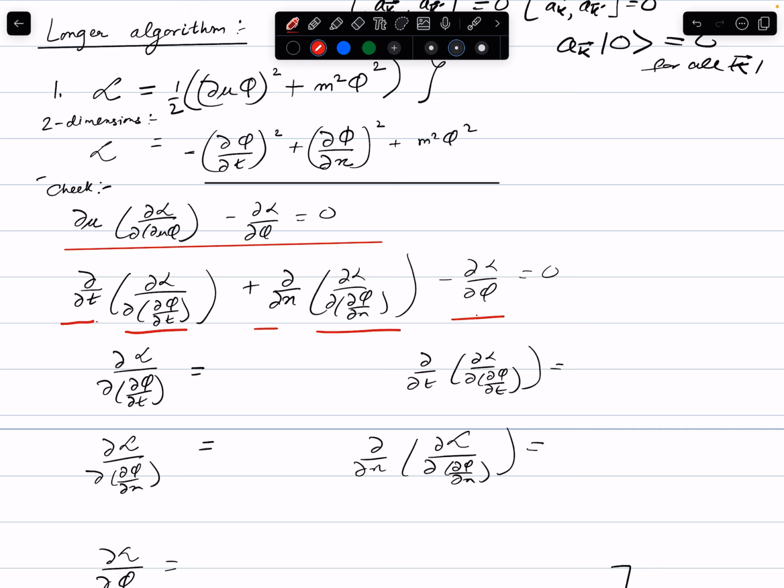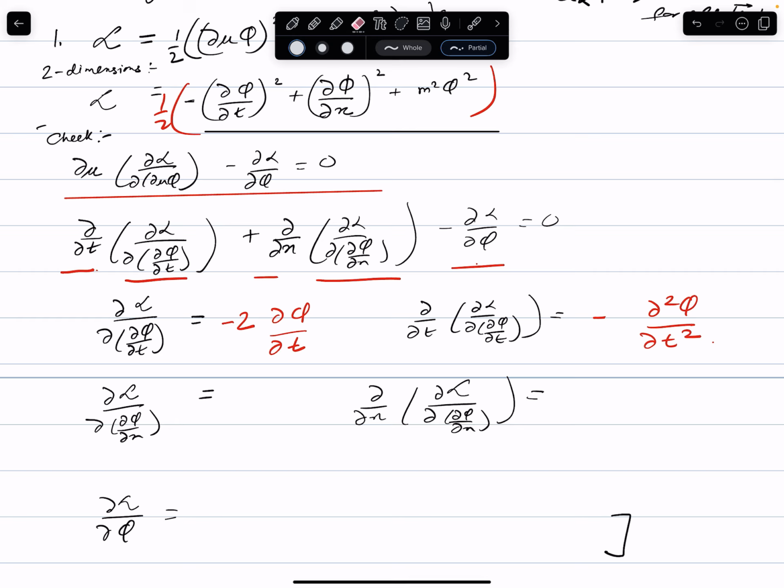Minus 2 del phi by del t. Yes, very good. So minus 2 del phi del t, and then I take del t of this, then I get del t of minus 2 del phi del t, which is simply minus 2 d2 phi dt2. There's a half here, which I forgot to write, so this is just minus del 2 phi del t2.